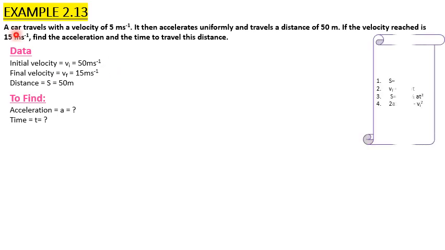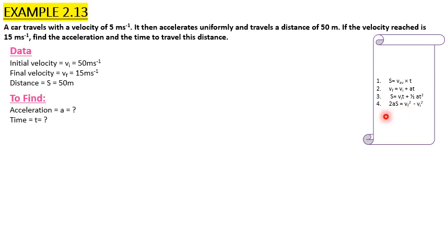Now look at this formula list, and according to the given data, we will find out which formula is suitable for solving this problem and finding the acceleration and time. If we see, we have initial velocity and final velocity as well as the distance, and we have to find out acceleration.